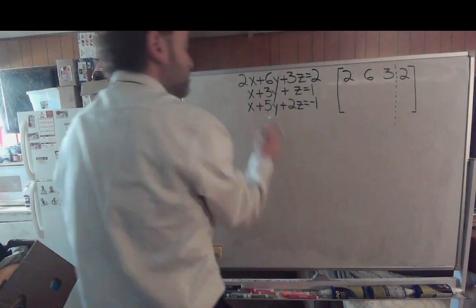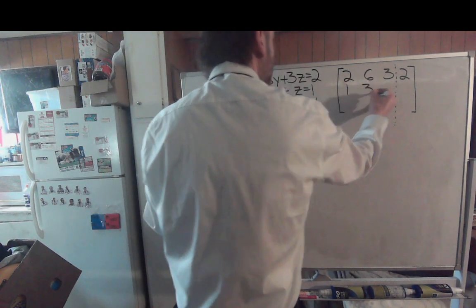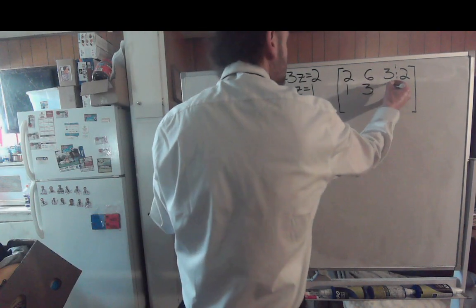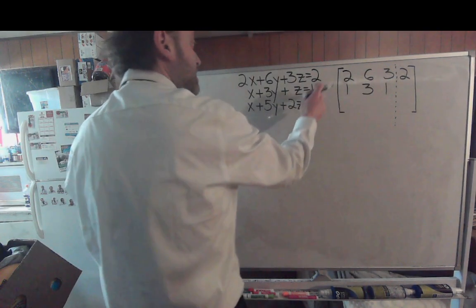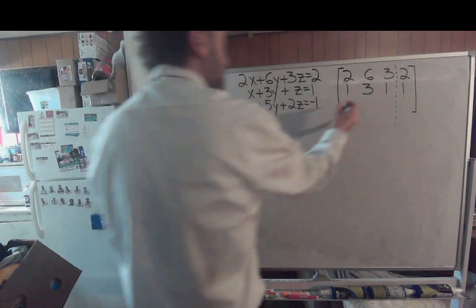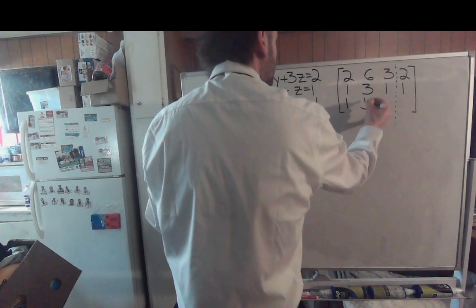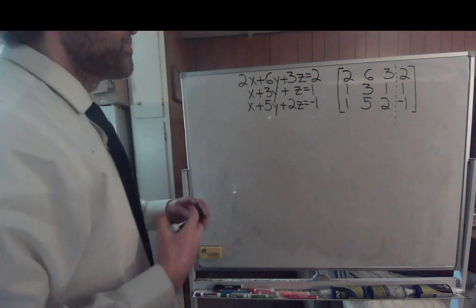Second row, take the 1 that's on the x, the 3 that's on the y, and then the 1 that's on the z, and then to the right of that line of augmentation, put your 1. And then your third row, take the 1 that's on the x, the 5 that's on the y, and then the 2 that's on the z, and then put that negative 1 to the right of the line of augmentation.